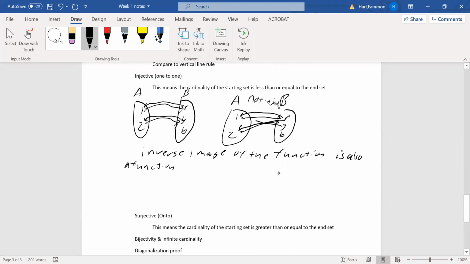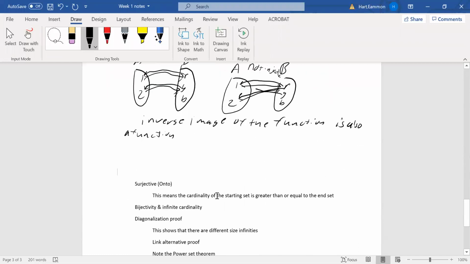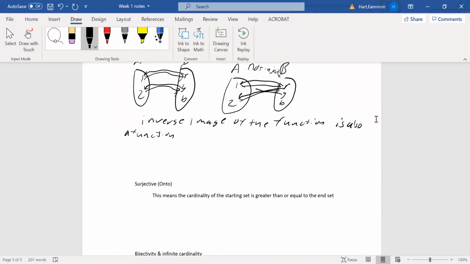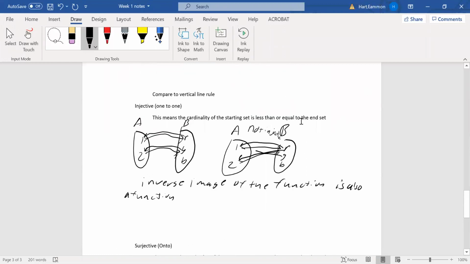In terms of injective, this means that the cardinality of the starting set is less than or equal to the end set, as we can see in this case, that we have the 1 and the 2.